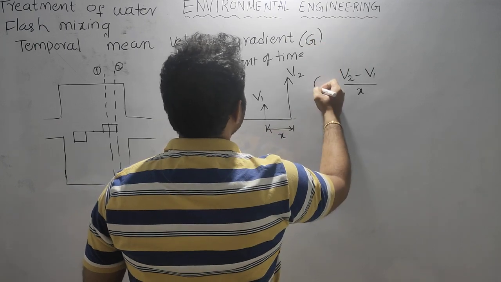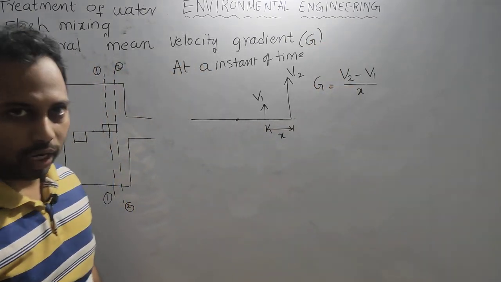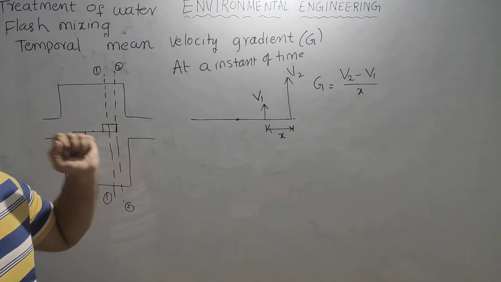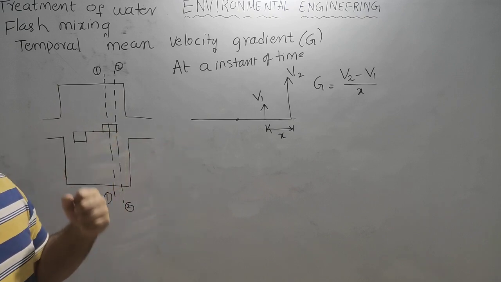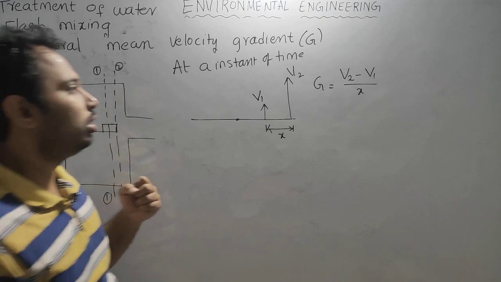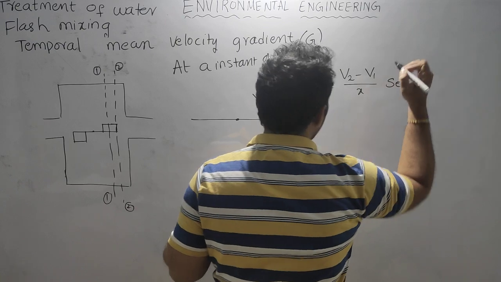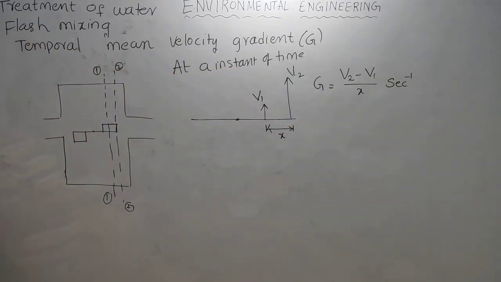We represent it with G. What are the units of it? Velocity unit is meters per second and distance unit is meter. So second inverse is the unit of the temporal mean velocity gradient.